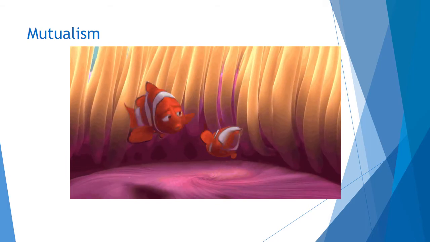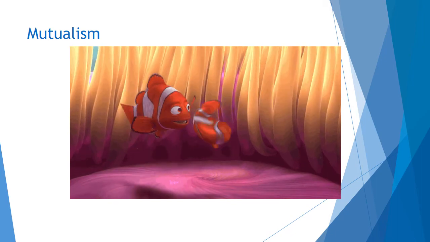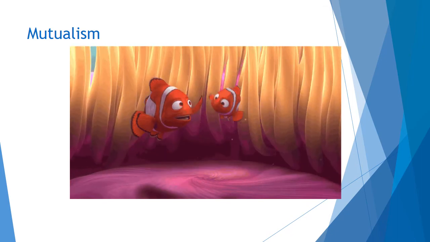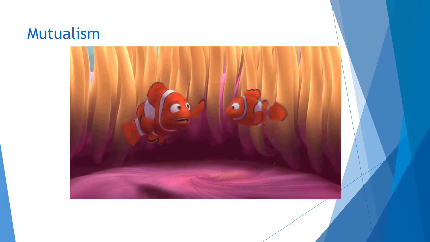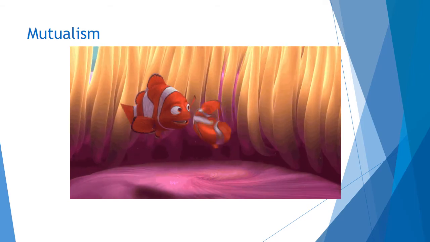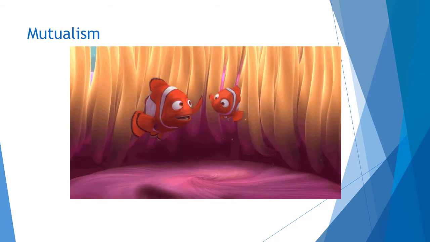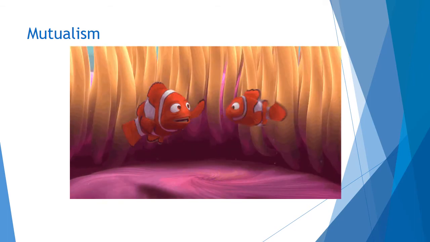So these tentacles that you see here will have stinging cells called nematocysts, and these nematocysts protect the home of the clownfish, the sea anemone, and they also protect the clownfish by stinging anything that comes in contact with them.